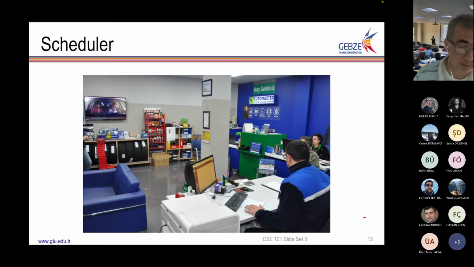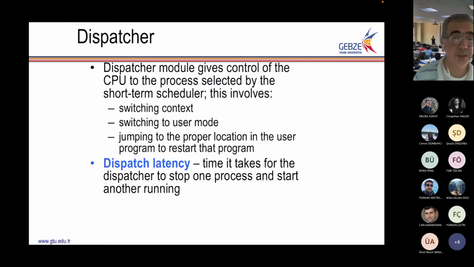But there is a dispatcher. The dispatcher gives the control of the CPU to the process selected by the short-term scheduler. So he operates the control. He operates the scheduling, switching from one car to another, from one task to another task, switching to user mode and switching to supervisor mode, jumping to the proper location in the user program to restart that program.